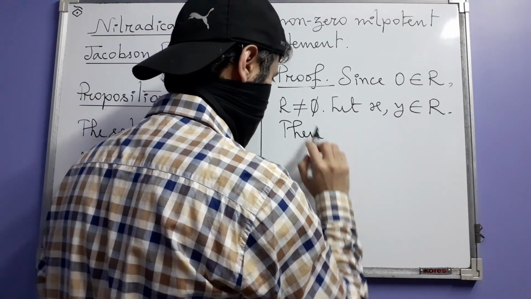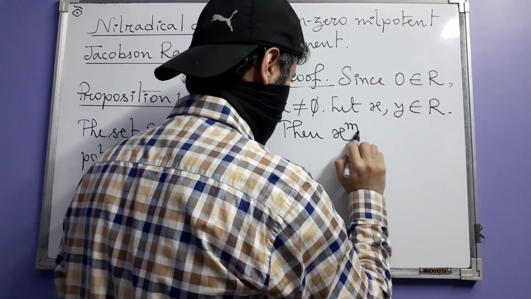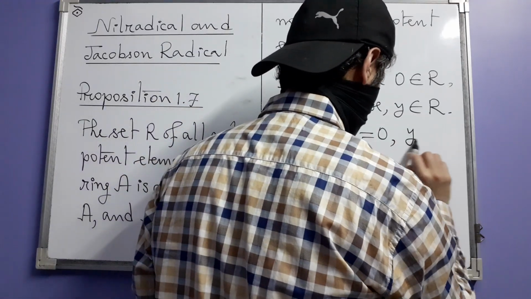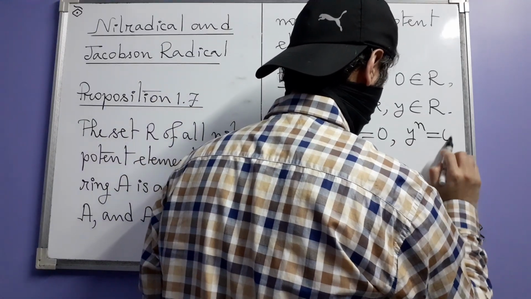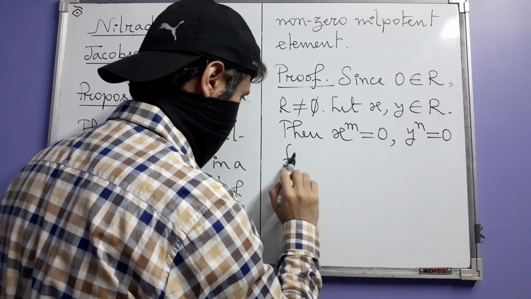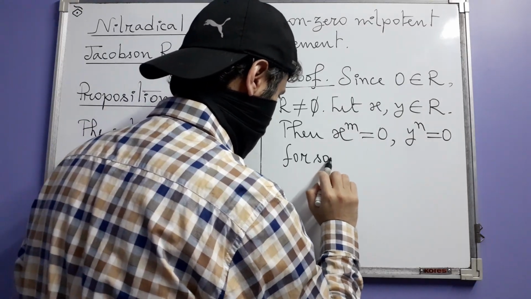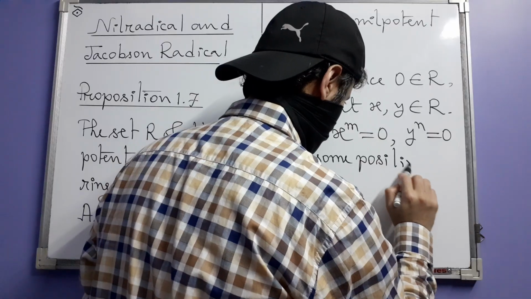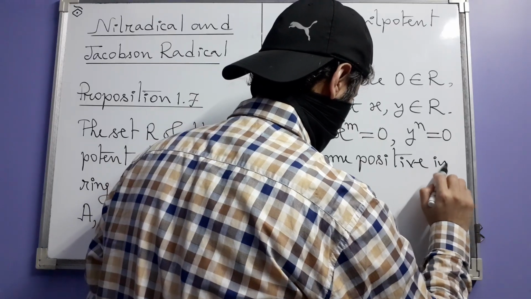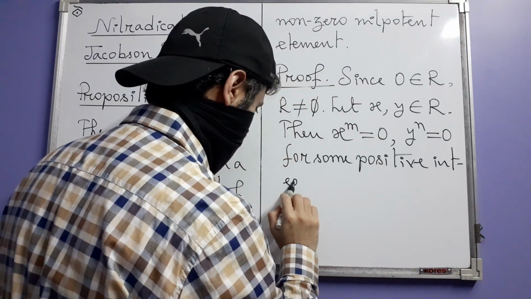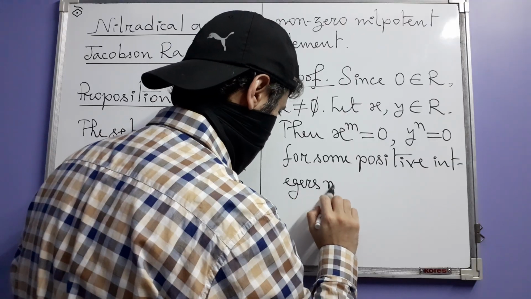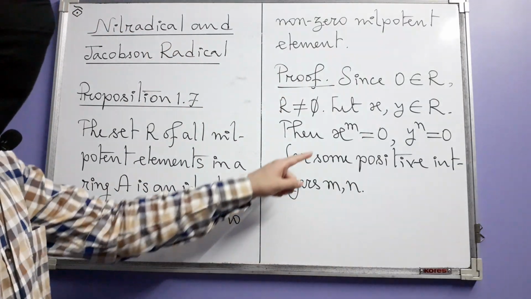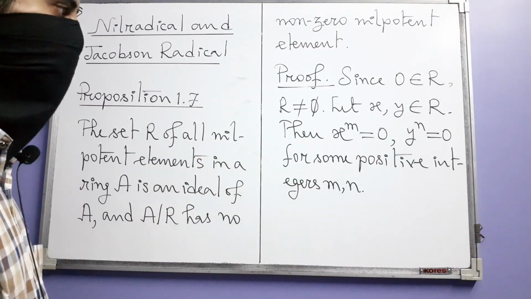Then some mth power of x equals 0 and some nth power of y equals 0 for some positive integers m and n. So this comes straight from the definition of nilpotent element.